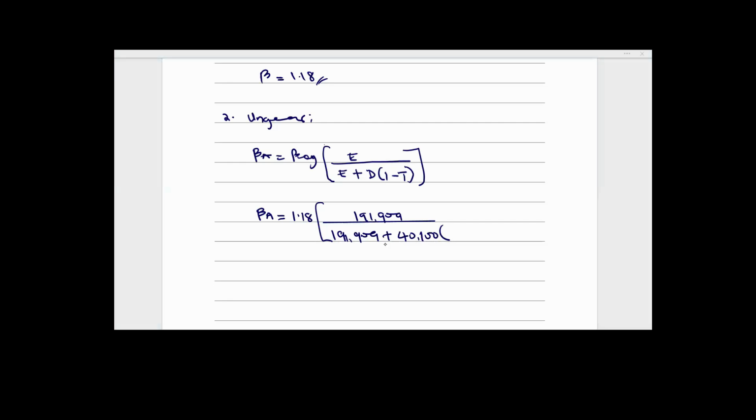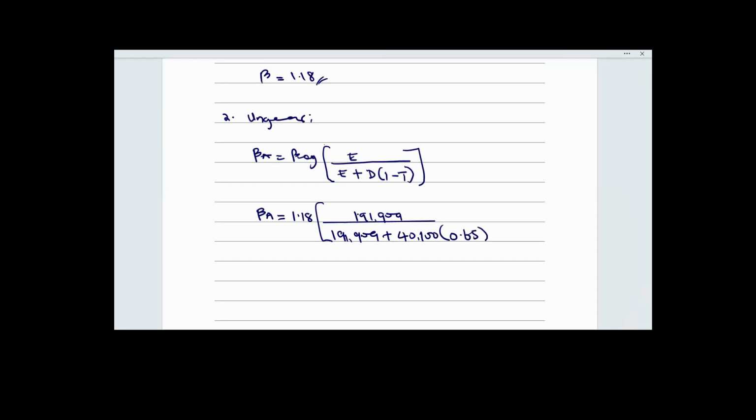In this question, the examiner did not separate. You are given tax rate of 35%. You are not told whether it is for proxy or for the main company. So that means the two of them will use the same tax rates. So 1 minus 0.35 will give us 0.65.